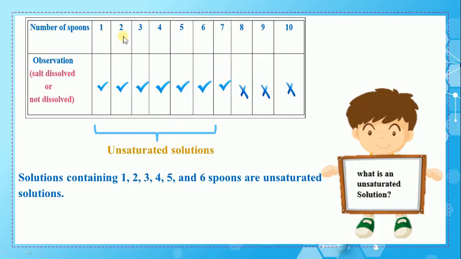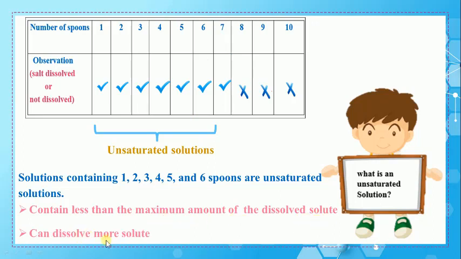Unsaturated solutions 1, 2, 3, 4, 5, and 6 dissolve less than 7 spoons of salt or more than this quantity? Very good. They dissolve less than this quantity. So we can say that unsaturated solutions contain less than the maximum amount of the dissolved solute, and can dissolve more solute.